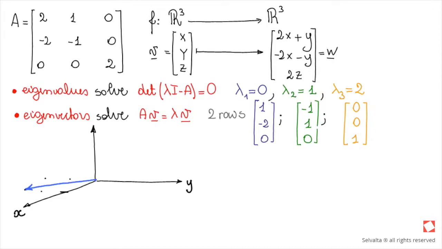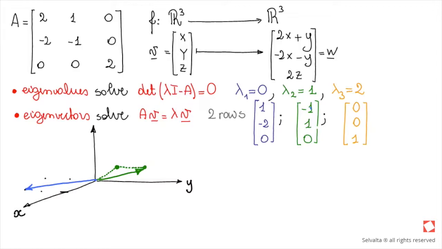And what about the eigenvector of the second eigenvalue? Well, here I have minus 1, 1 to be represented. Then in x I will move negatively in the direction x and positively 1 in the direction y to get this vector.